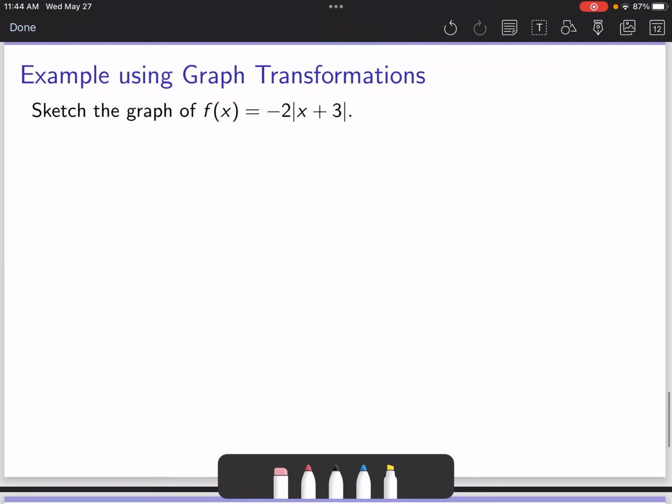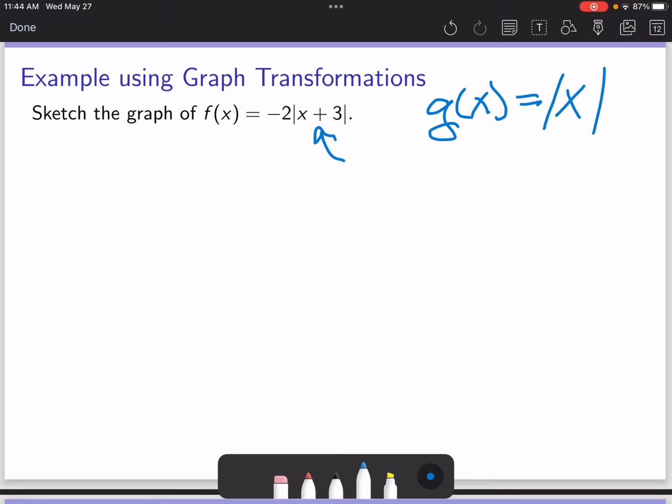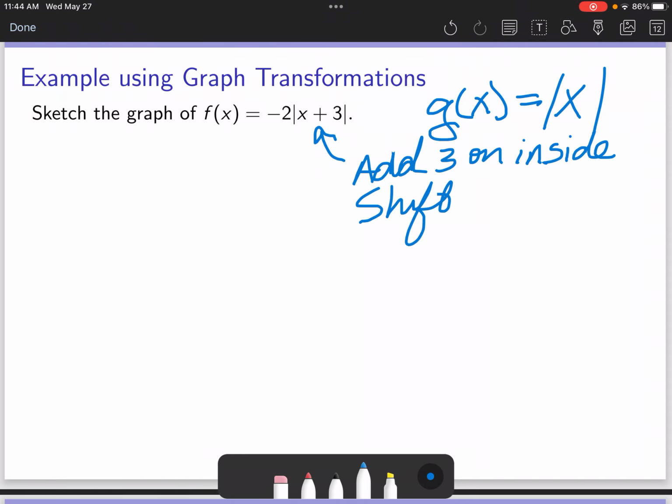So, example, using transformations. If I look at this function, it pretty much looks like g of x equals the absolute value of x, but I see that I added 3 on the inside of the absolute value, which is a shift left 3, because your x lies to you.